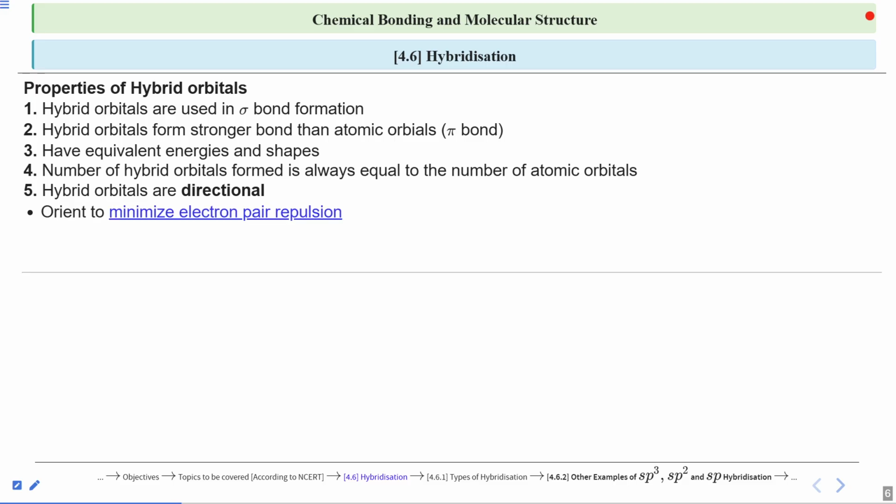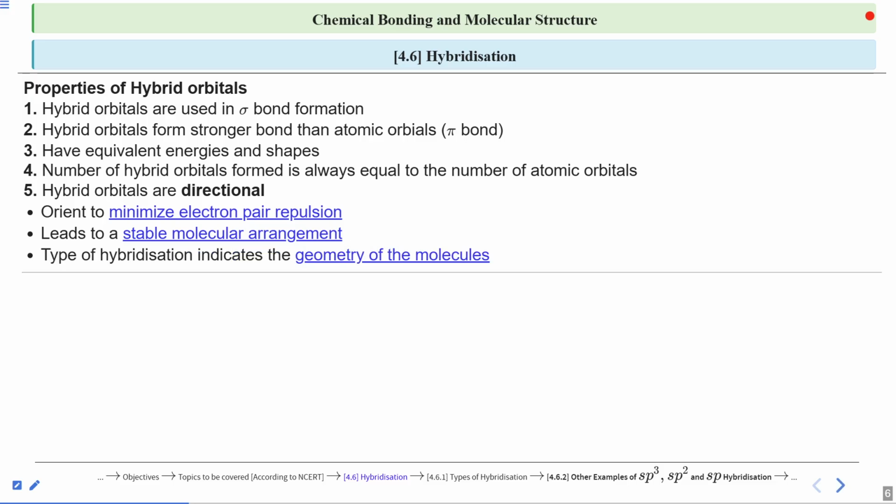Now why are they doing so? They are doing it to minimize the electron pair repulsion. This minimization of electron pair repulsion leads to a stable molecular arrangement, and this arrangement is responsible for the type of hybridization which indicates the geometry of the molecule.